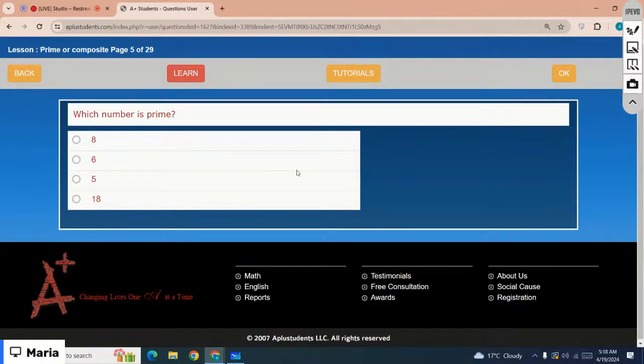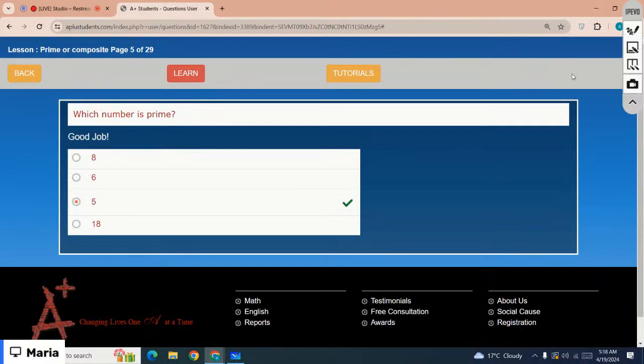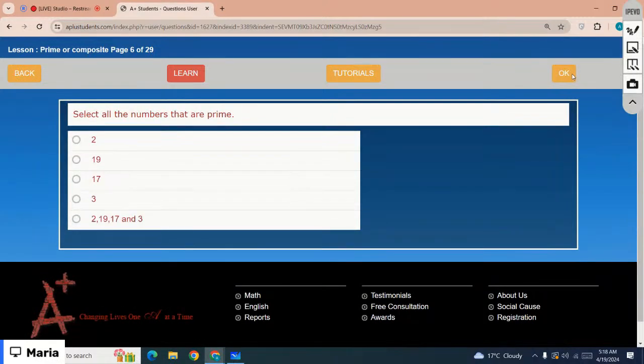The correct option is 5, the prime number, right? Select all that are prime.